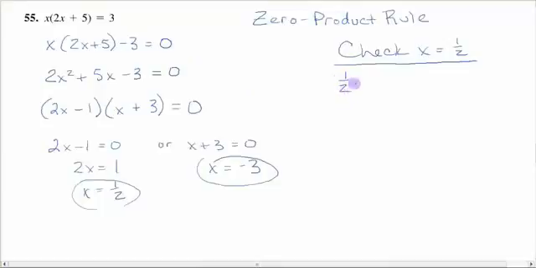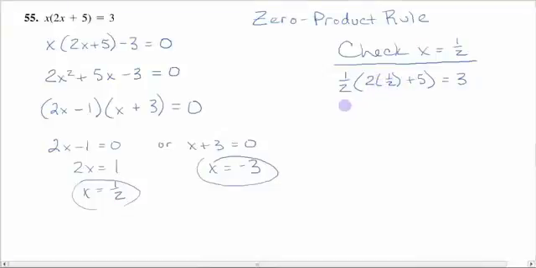I have 1/2 times 2 times 1/2 plus 5 equals 3. Okay, when we have nested parentheses, we have this set of parentheses and this other set of parentheses nested inside there. We need to do what's on the inside, the inner set of parentheses first.